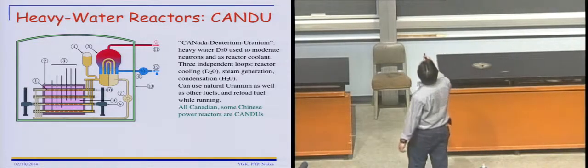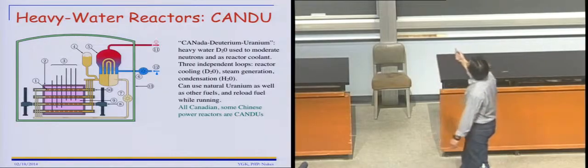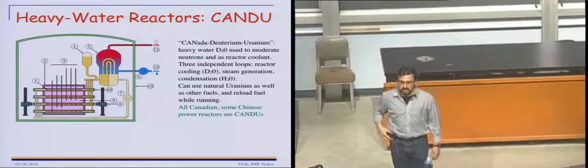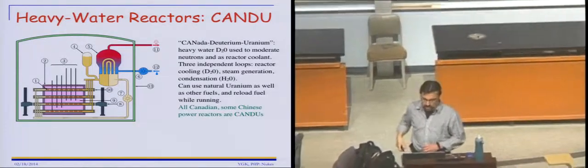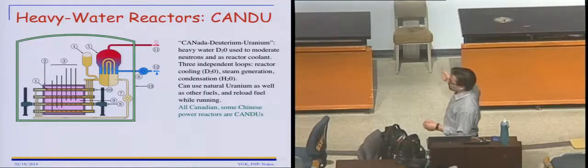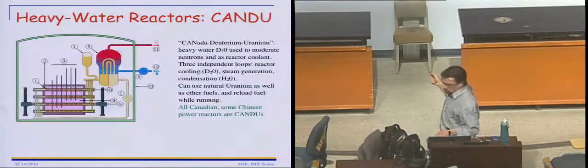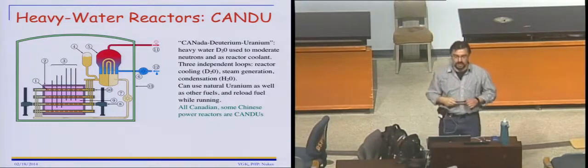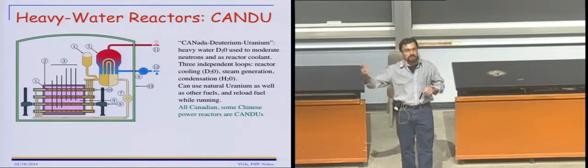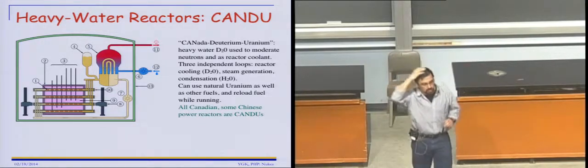So the design of the CANDU reactor is very similar to the standard pressurized water reactor as in the US. It's very similar in design to this, except the moderator is heavy water. And since the moderator is heavy water, the steam is produced from the regular water, and then the cooling loop is also regular water.